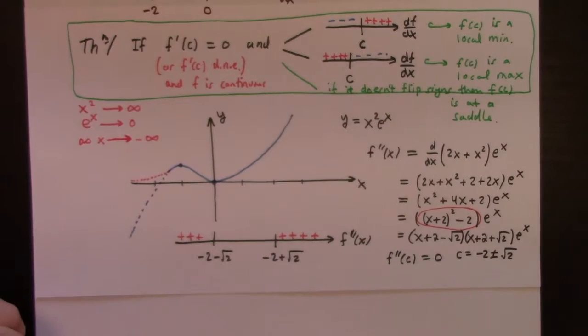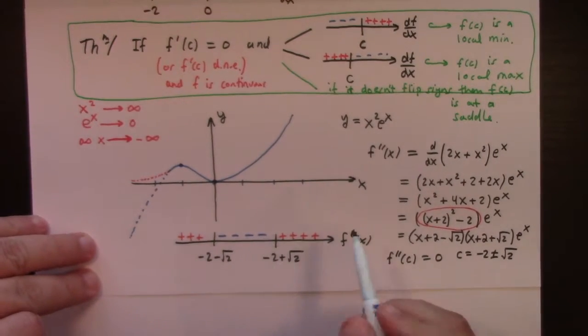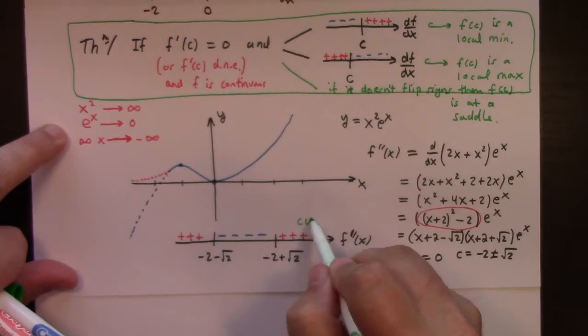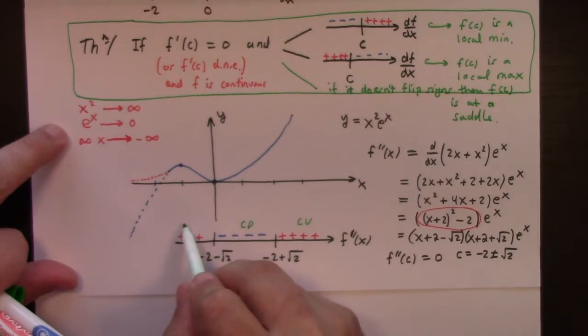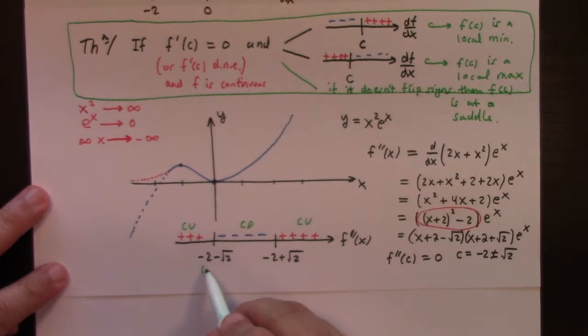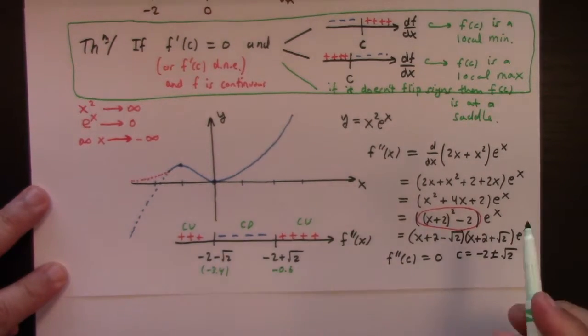And that tells me, guys, where the function we're looking at is either concave up or concave down. Concave up over here, concave down in here, concave up over here again. This is about minus 3.4-ish, and this is about minus 0.6, give or take.